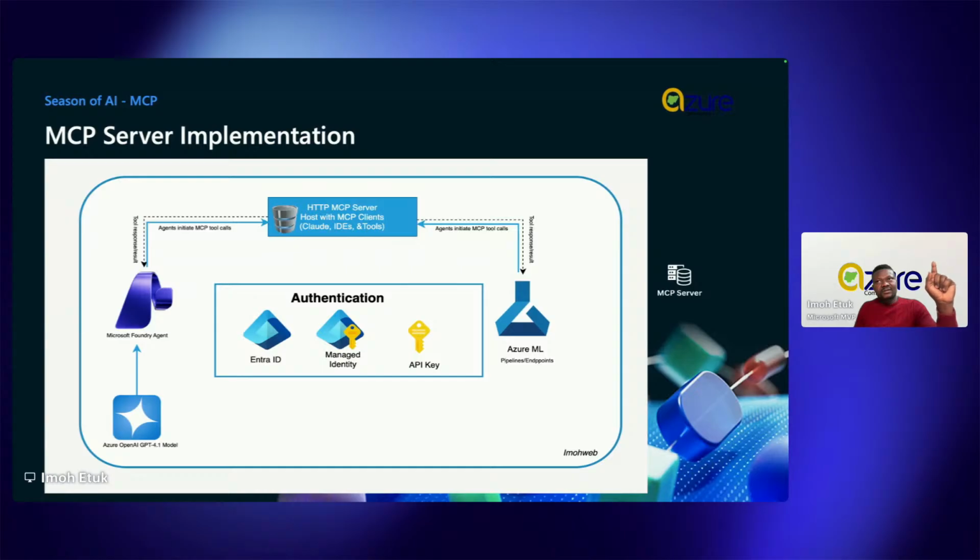After receiving it, it validates it. Then after validation, it approves the tool calls. The tool call will go now to the Azure ML tool, and then respond back to the user that your pipeline has been deployed. You see, look at the pipeline name, the job name, and all that.